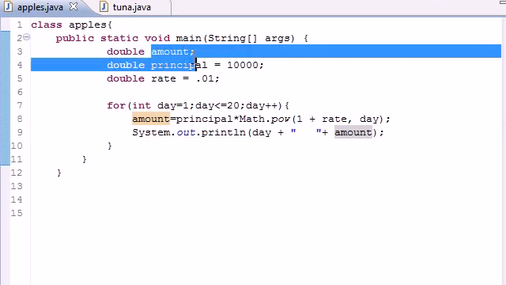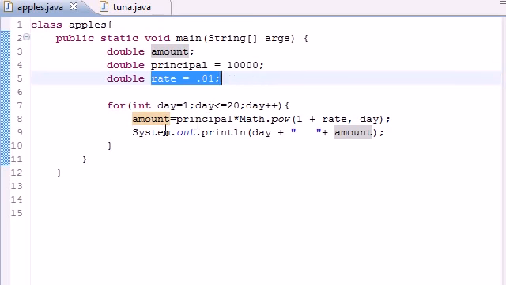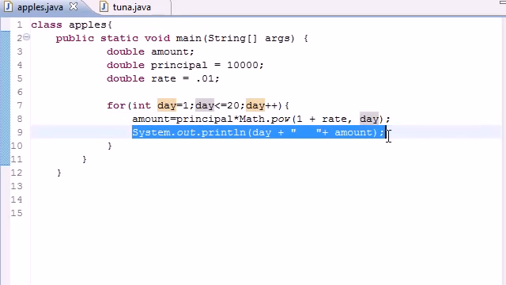You need to figure out the amount, which we don't know yet, but we do know the principal, which is the starting point, and the rate. We set the amount, which we don't know yet, equal to the principal times 1 plus the rate, which is 0.01, to the power of the day. And this is where the for loop comes in handy, because it goes 1, 2, 3, 4 all the way to 20. And next, we just output it on the screen.